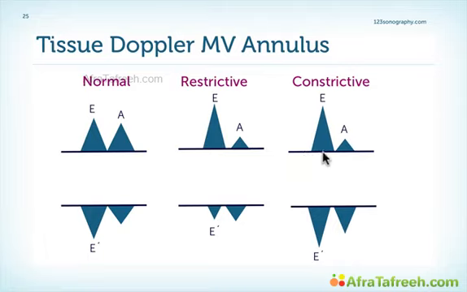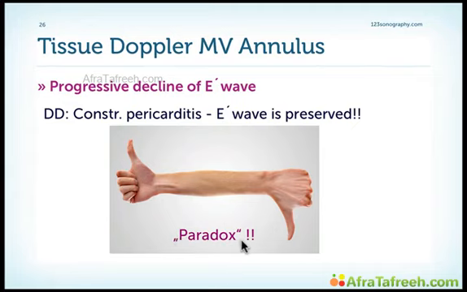And one of the typical differential signs is that we have a preserved E' wave in constrictive pericarditis. This is what we mean by the paradox of tissue Doppler in constrictive pericarditis, where E' is preserved despite elevated left ventricular filling pressure. Again, this is in contrast to restrictive cardiomyopathy, where the E' wave is small.